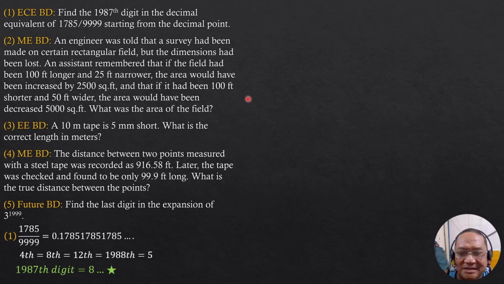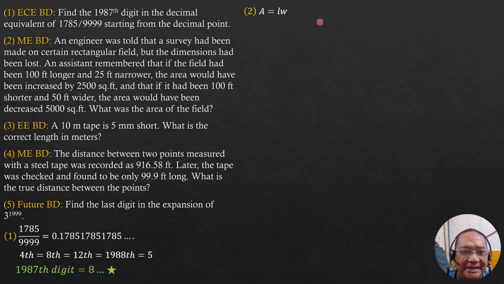So let us denote the area, based on the original dimensions, as length times width. For the first situation, the assistant remembered that if the field had been 100 feet longer, L plus 100, and the width 25 feet narrower, W minus 25, the area would have been increased by 2,500. So the area becomes LW plus 2,500.